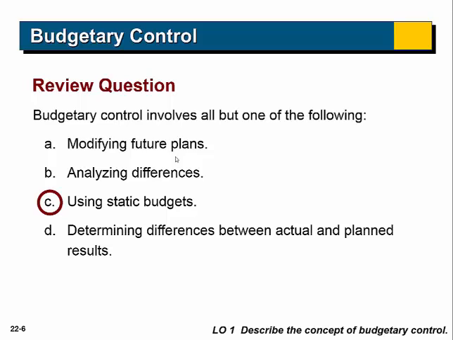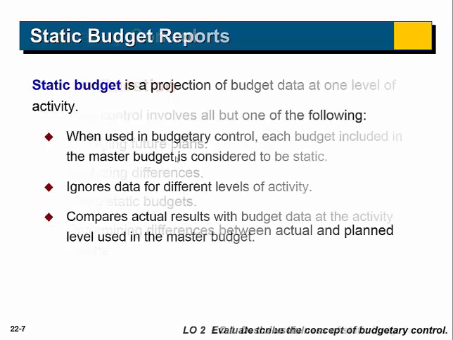But we are going to use the actual quantity of units times those predetermined amounts and then compare those flexed amounts to our actual results for a period. And then we will be able to determine the differences between the actual and planned results, and we can modify our future plans going forward.